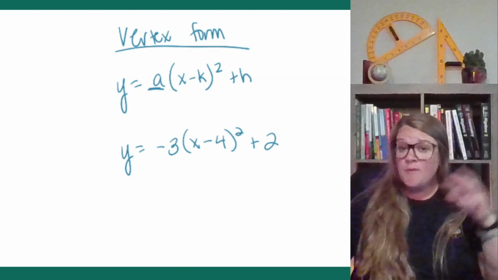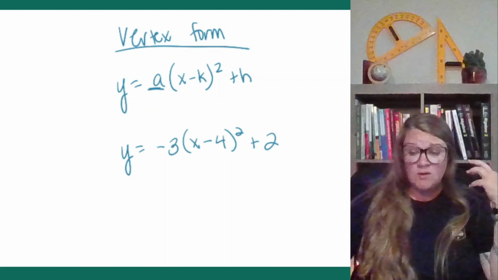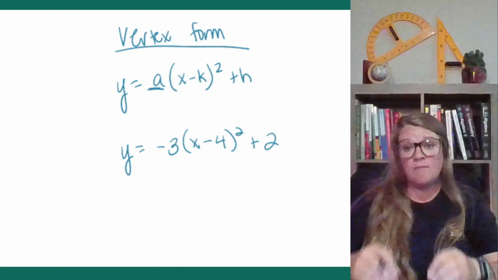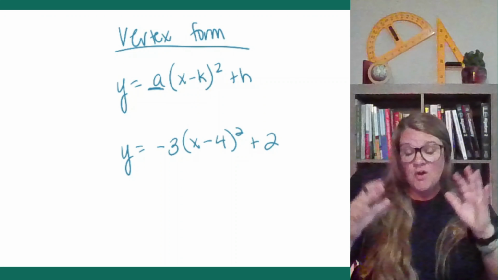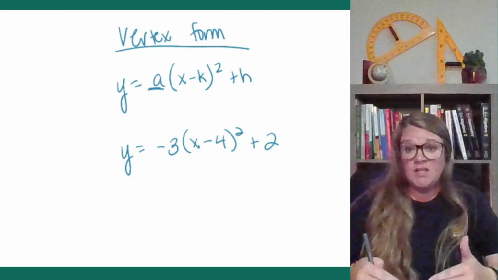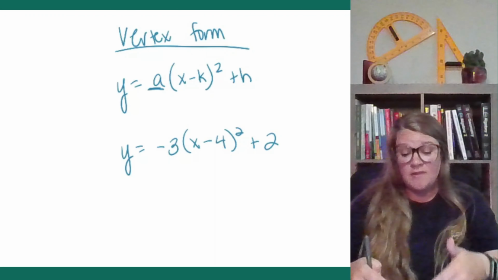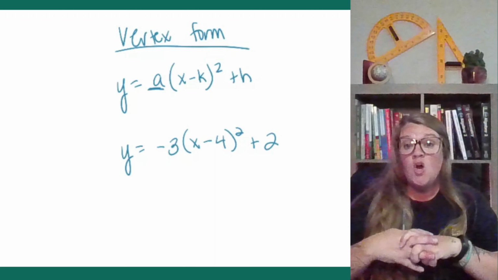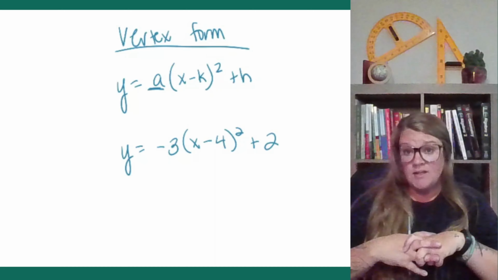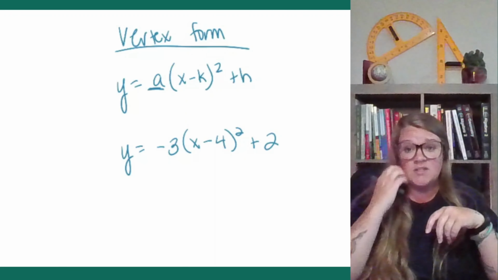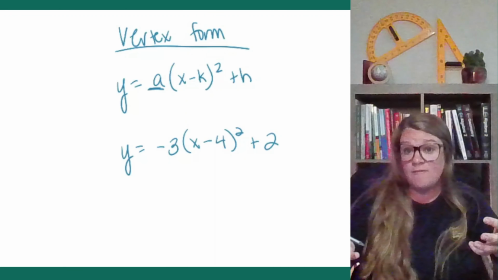And what we did in all the past videos is we looked at what happens when I put numbers in these different places. What happens to the graph, okay? So just by looking at an equation that's in vertex form, we are able to tell a lot about this graph, what it's going to look like. We're able to make really good predictions about what this graph would look like.